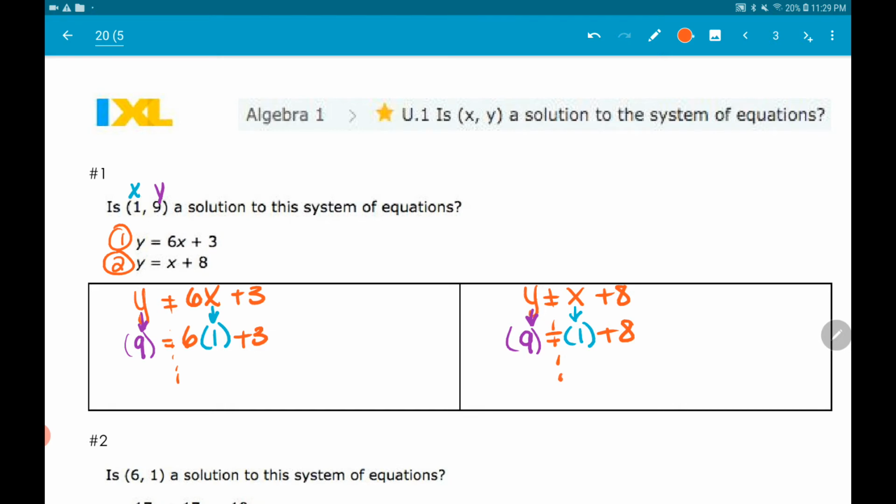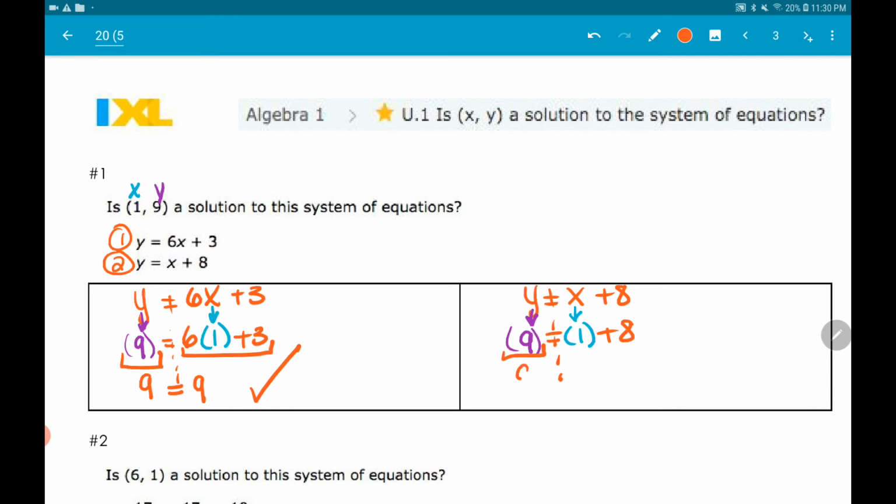Okay, now let's simplify. I simplify my left side. There's nothing else to add it to, so I just bring it down. Right side, I'm going to put in my calculator. I get 9. So is this equivalent? Yes.